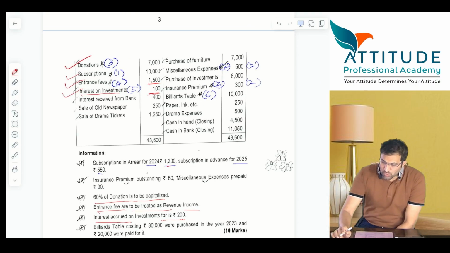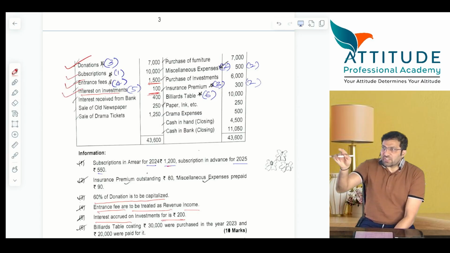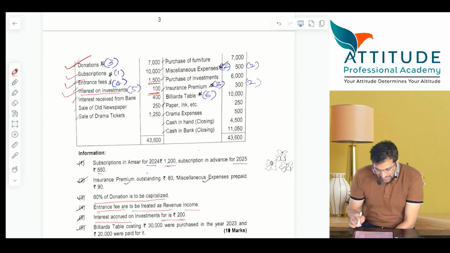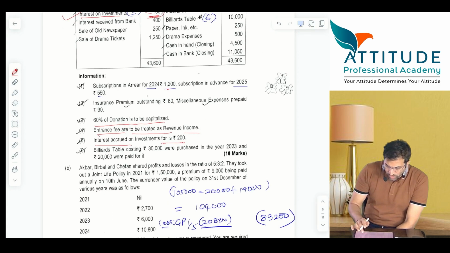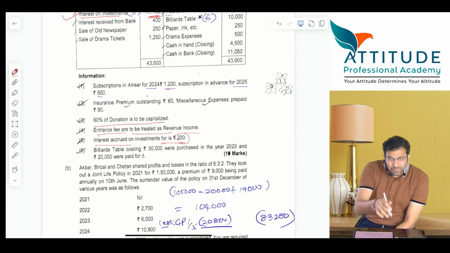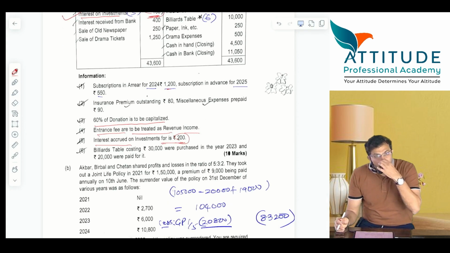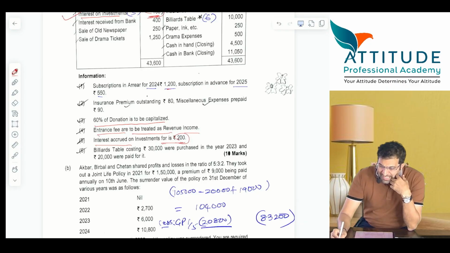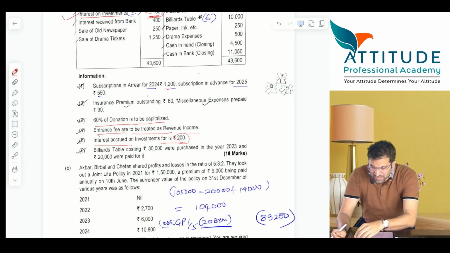So 100 plus 200 is 300, which is your income. 100 is already received, accrued and not received is 200, that has to be accounted as receivable.